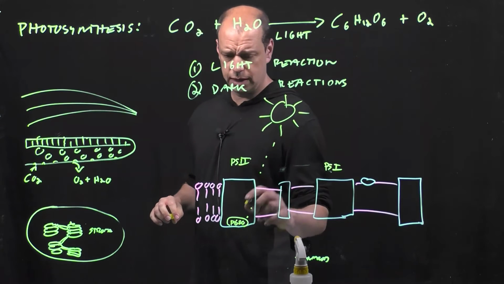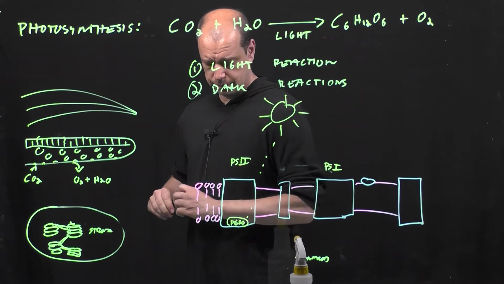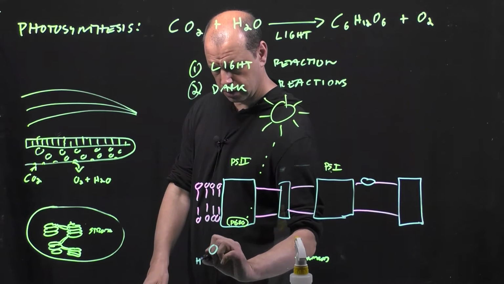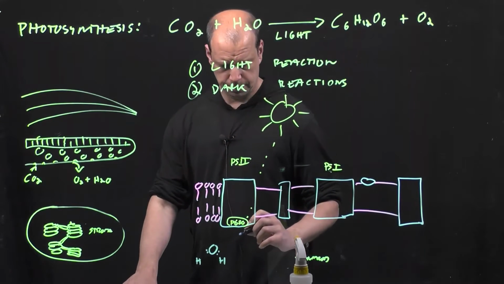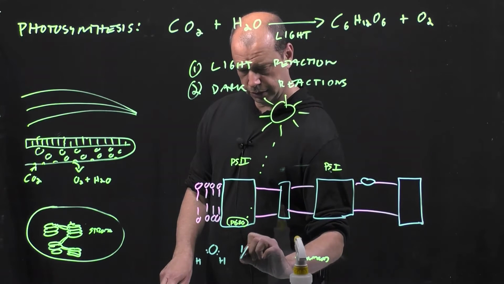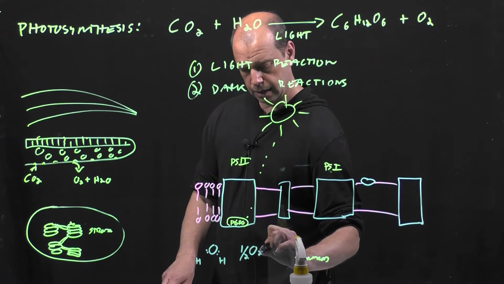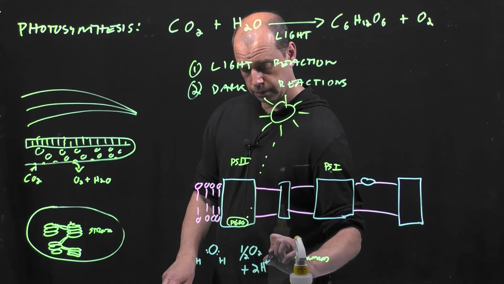But at the reaction center, the energy is at this wavelength. And so what photosystem 2 does is participate in a reaction where water is split, and each molecule gives you half of a molecular oxygen and two protons.